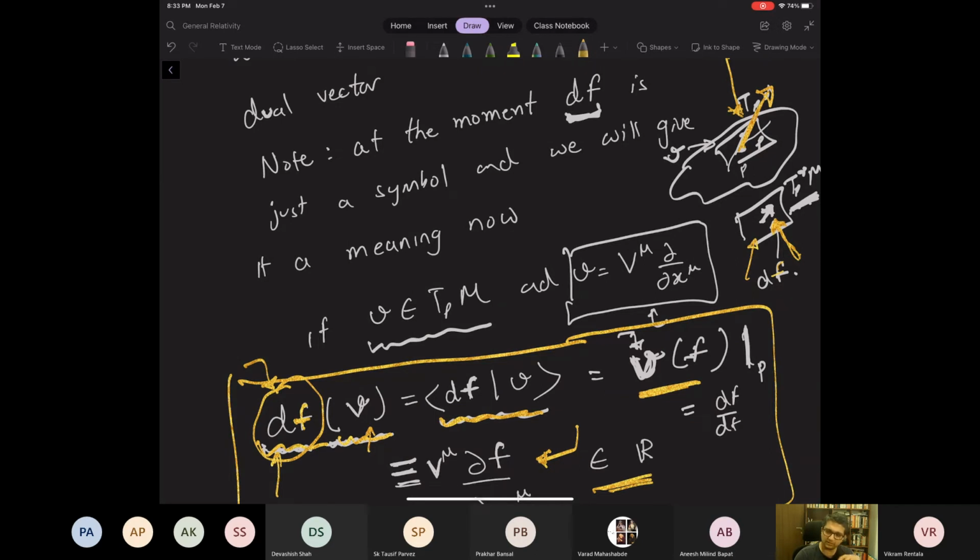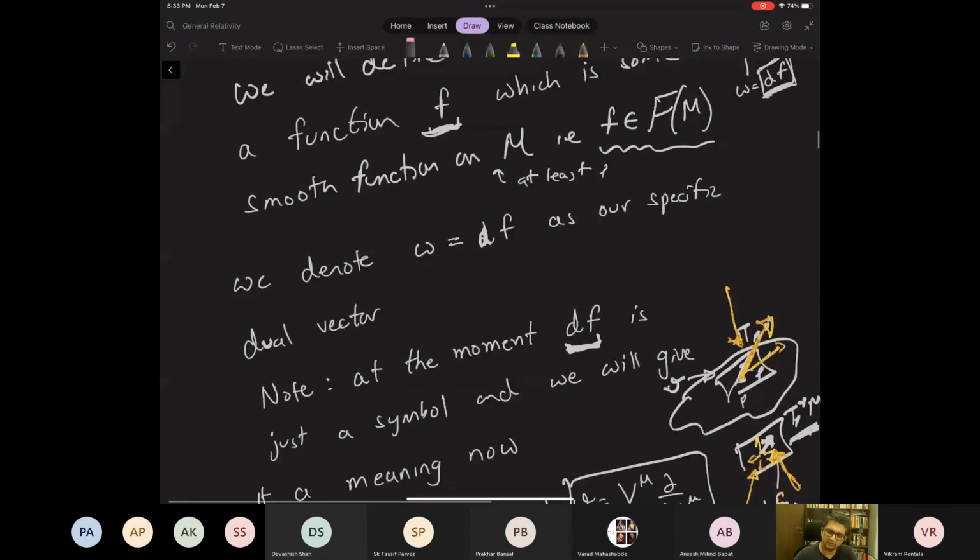That doesn't mean the dual vectors exist independently of a function defined on the manifold, but we're using functions on the manifold to pick out particular dual vectors. Just like the vectors x exist independently of any coordinates, but if you make a choice of coordinates, then I can pick out a particular x mu, for example. I can pick out particular vectors.